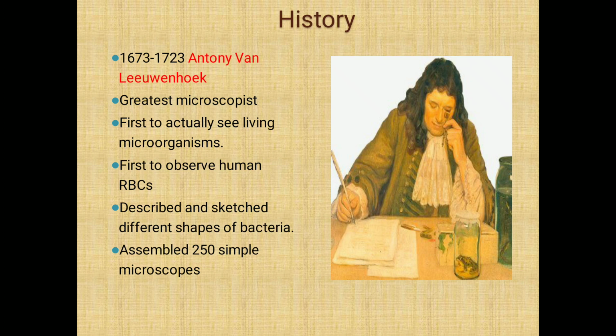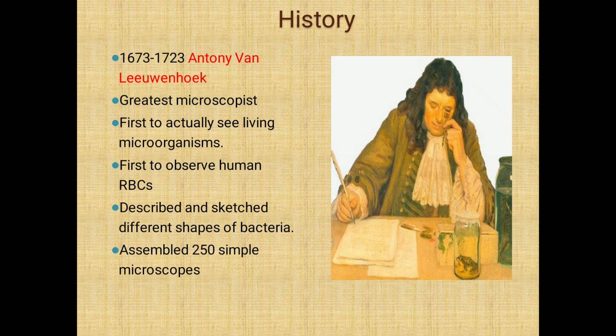Firstly, we will see about the history of microbiology. There are various scientists who mainly contributed to the development as well as various discoveries of microbiology. The first scientist is Antony van Leeuwenhoek, who was the greatest microscopist. Microscopist means who mainly works for the subject of microscopy, means it is the science of microscopes.